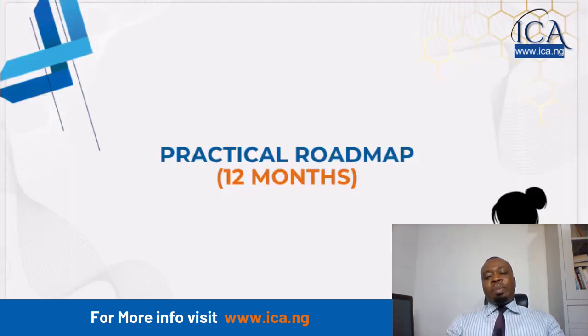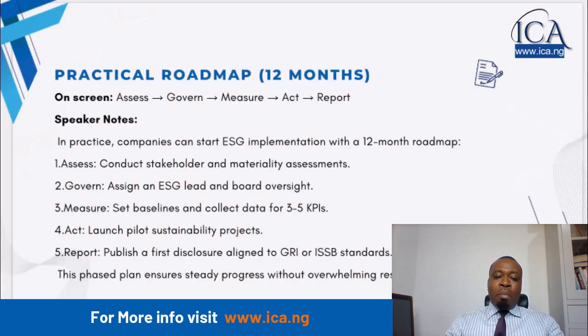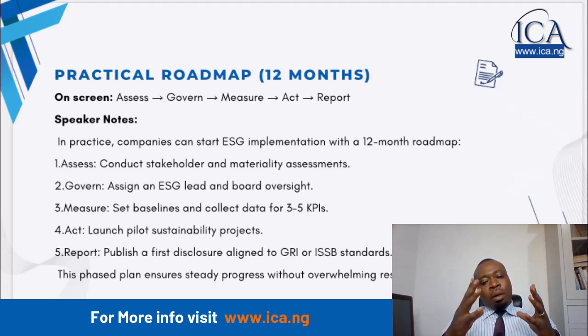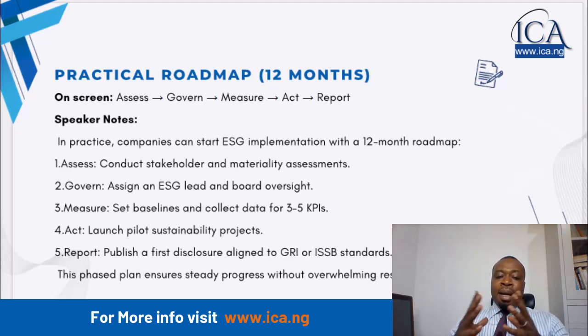Okay, a quick look at a practical roadmap. In practice, companies can start ESG implementation with a 12-month roadmap. First and foremost, you have to conduct a stakeholder and materiality assessment. Thereafter, assign an ESG lead and board oversight.